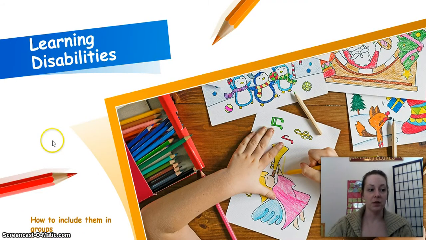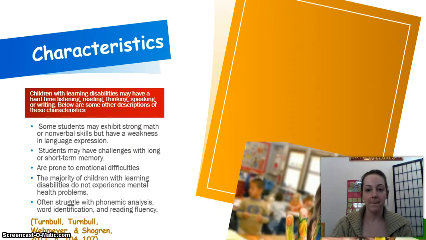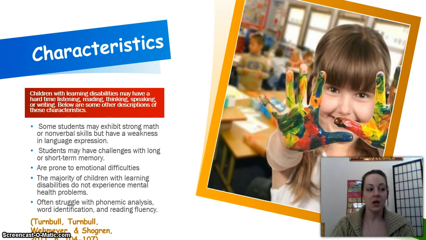Next, I'm going to talk about students with learning disabilities and some of their characteristics, as well as how to include them in class. These type of students will typically have a hard time following directions, processing new information, engaging in group discussions over their assignments, etc. Keep in mind that learning disabilities can be as minor as a simple reading deficit or as major as short and long-term memory difficulties.